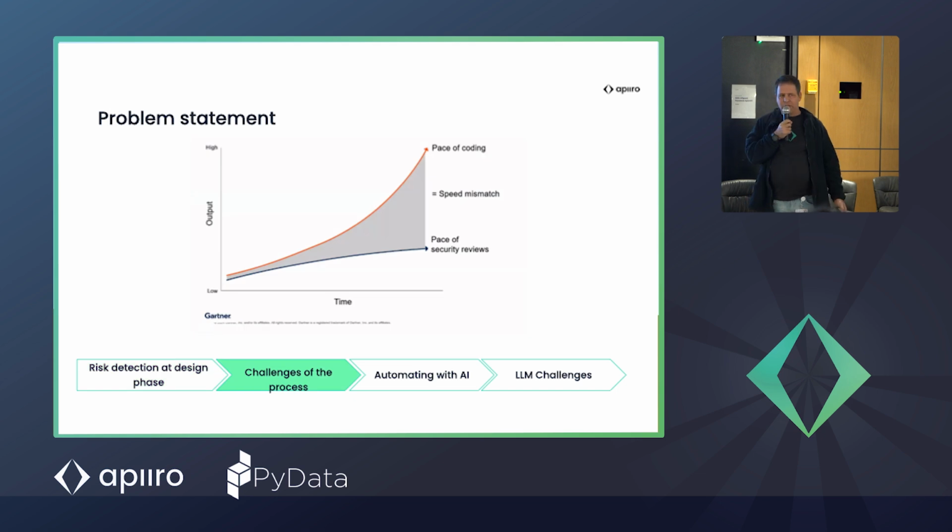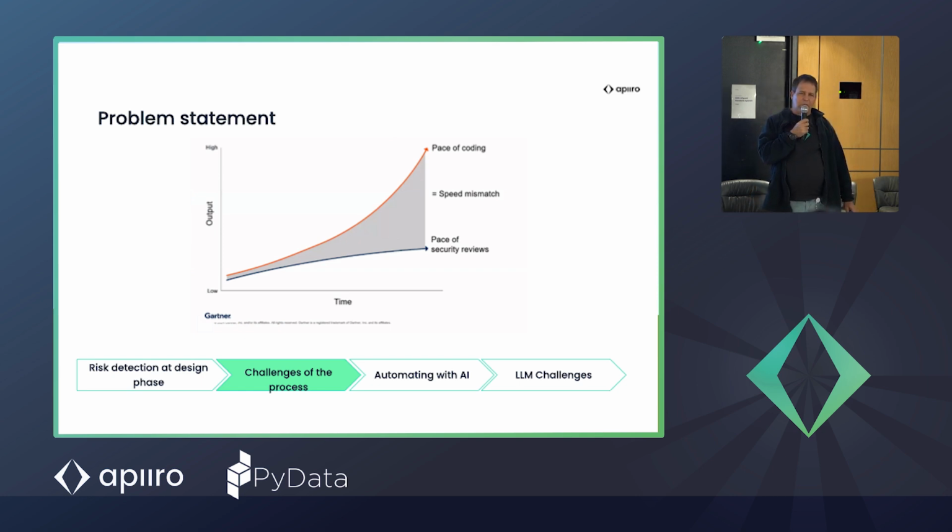So what is the issue with this process? Well, it's very expensive. And also, as Gartner showed here, the pace of coding is getting higher and higher, while the security review pace is not getting as high as the coding, and there is a speed mismatch.